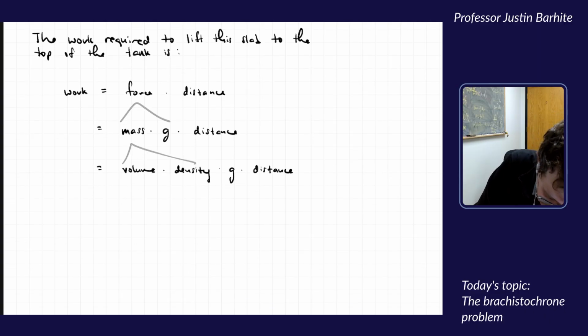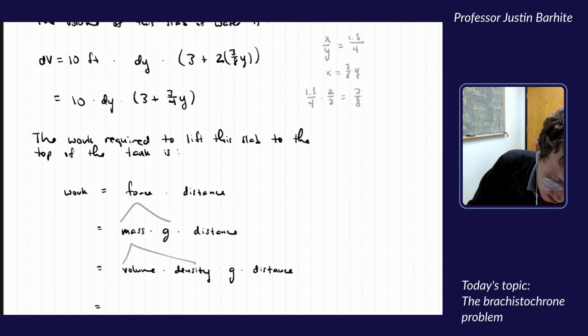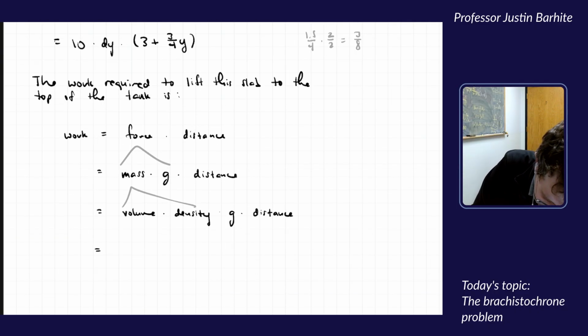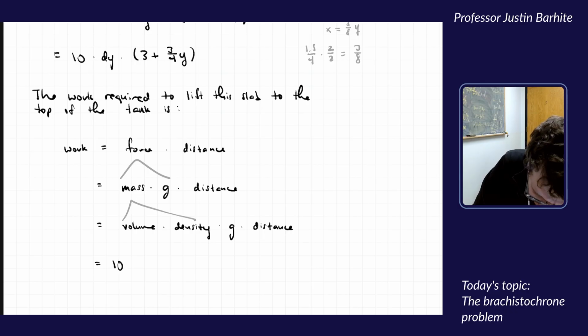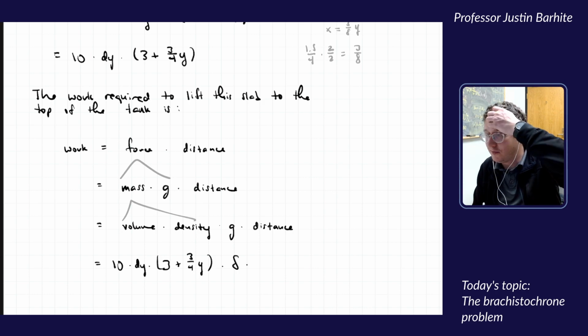Now I think I can finally say what all of these quantities are. The volume we just worked out is 10 times dy times 3 plus 3/4 y. The density, I'm just going to call it delta. It's some constant. Depends on what the tank is filled with.